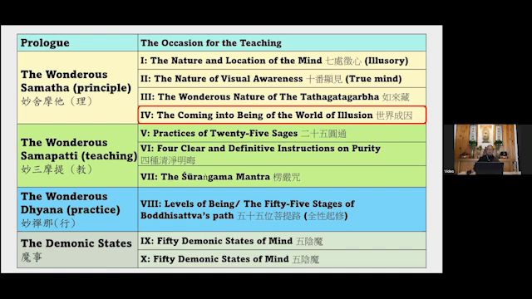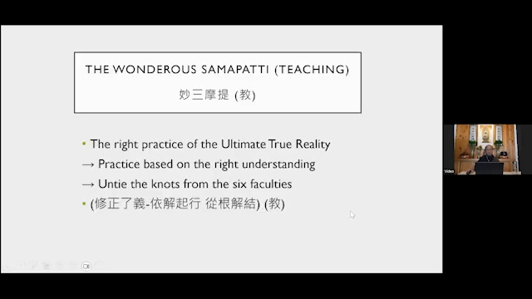So we will talk about topic 5 here. Now, the main topic for the wondrous samapatti is the right practice of the ultimate true reality. So it has two parts.